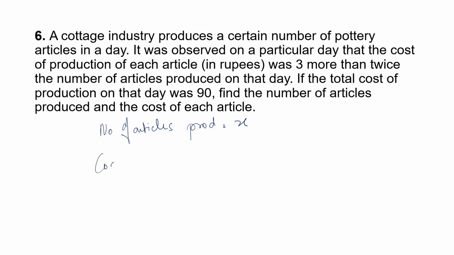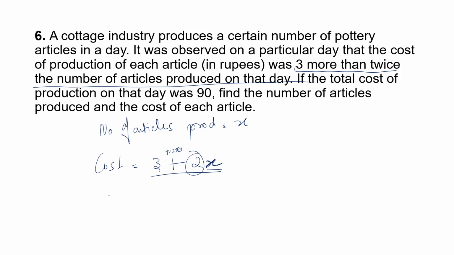So the cost is 3 plus 2 times the number of articles produced, 3 plus 2x.